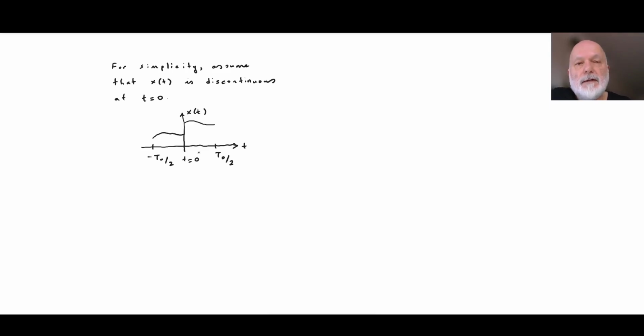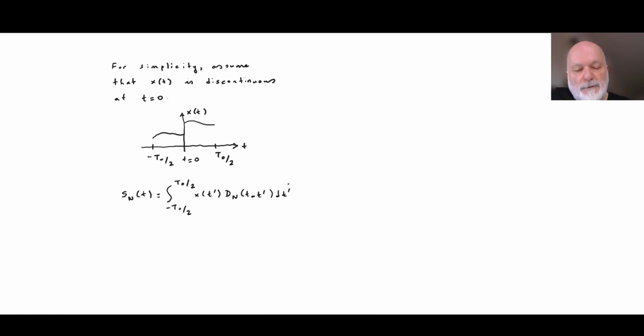Now, also let us remember the expression of the truncated Fourier series. Sn of t is the integral from minus t0 over 2 to t0 over 2 of x of t prime, the Dirichlet kernel evaluated at t minus t prime, and the integration is with respect to t prime.